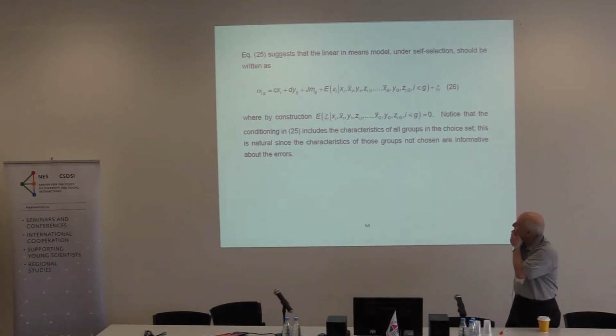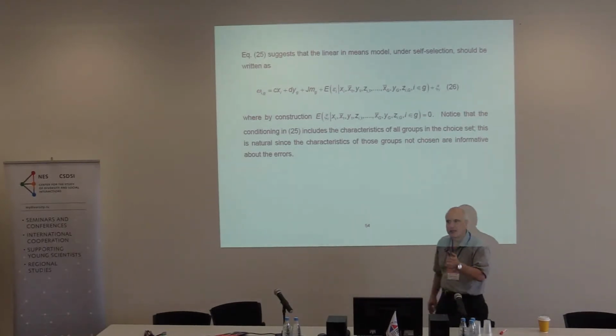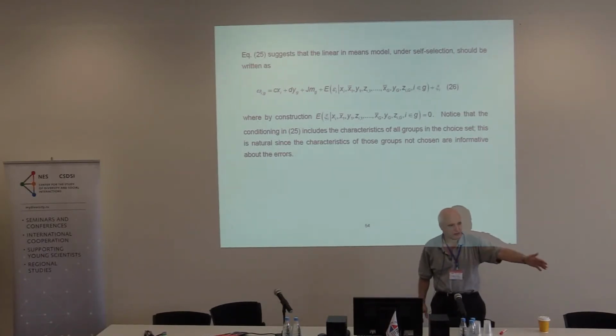When I'm thinking about the endogeneity problem, here's a way to think about it. Everybody with me? When there's self-selection, the conditional value of the error, the unobserved heterogeneity, given all the observables, is no longer zero.